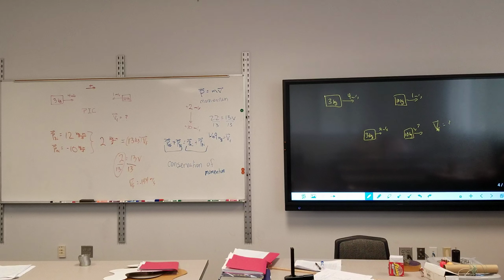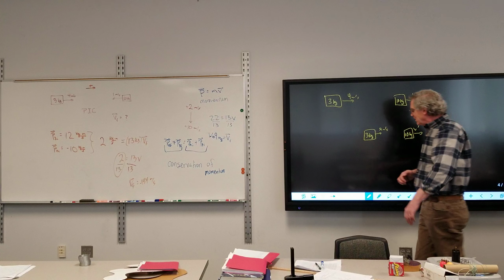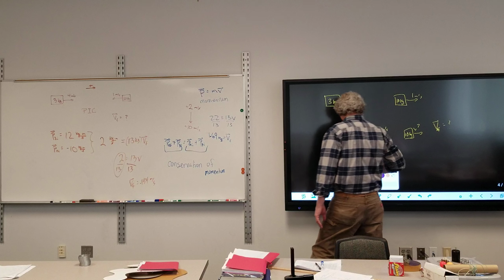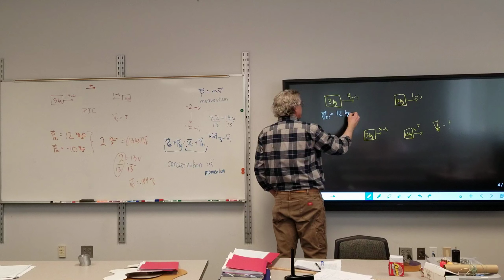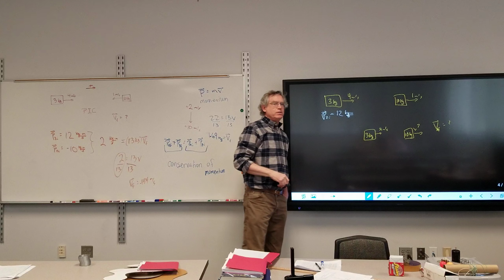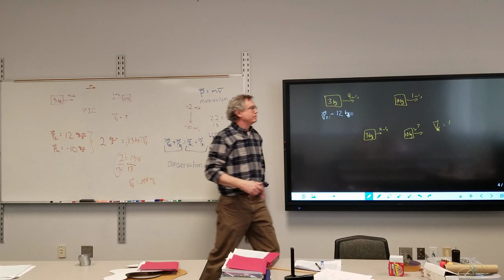We're going to start out the same place we did before. What is the momentum of the 3 kilogram mass before the collision? 12 kilograms times meters per second. So P3 initial is 12 kilogram meters per second. What assumption did Brian make? Moving in a positive direction.